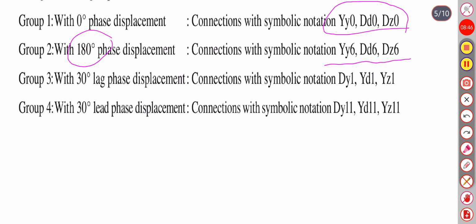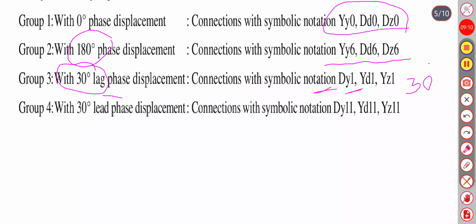In group 3, if the phase displacement is 30 degrees lagging, meaning the secondary induced EMF is lagged by the primary induced EMF at an angle of 30 degrees, then it will be denoted as dy1, yd1, yz1.